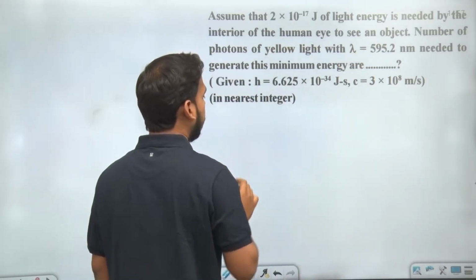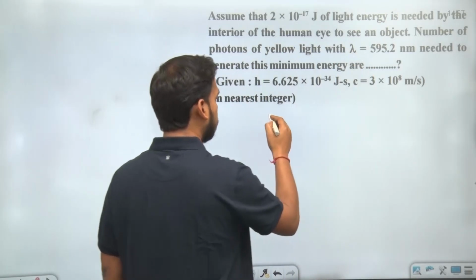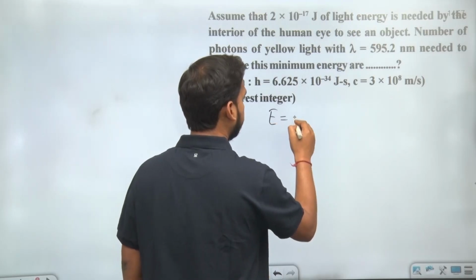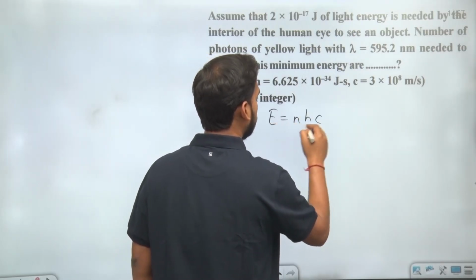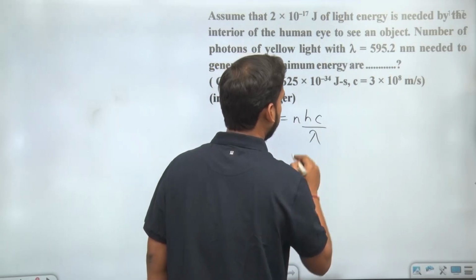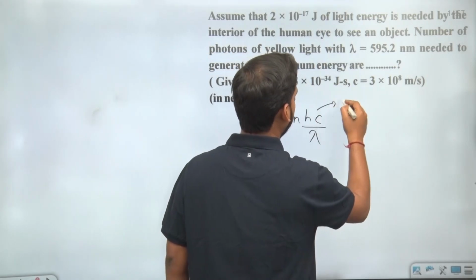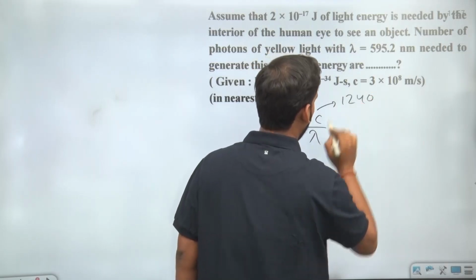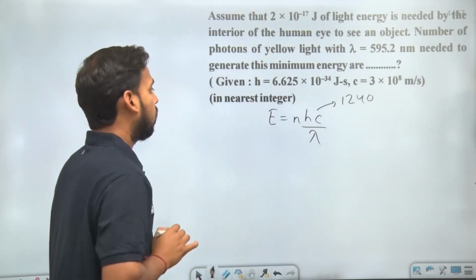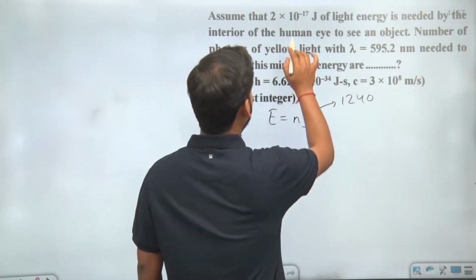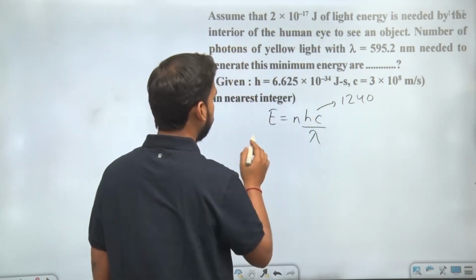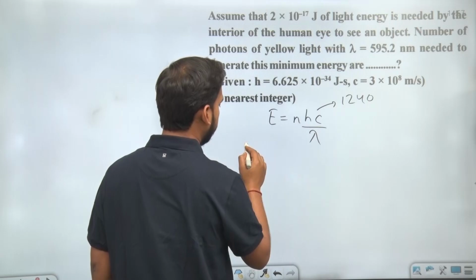The formula of the energy of the photon is E equals n hc upon lambda, and the value of hc we will take as 1240 electron volt nanometer. Here the energy is given as 2 into 10 to the power minus 17 joule, so we have to convert it into electron volt.